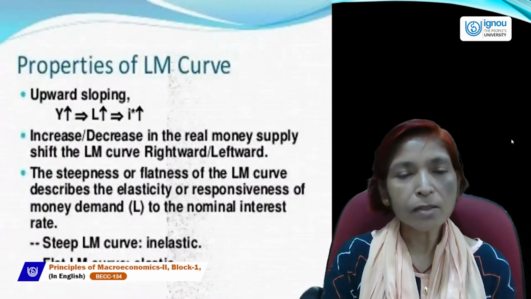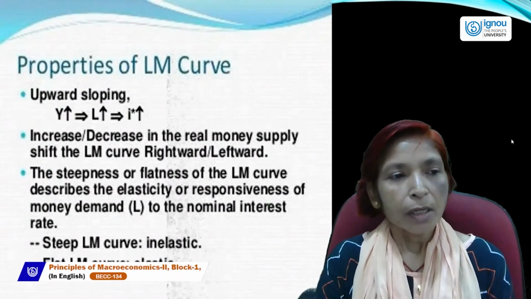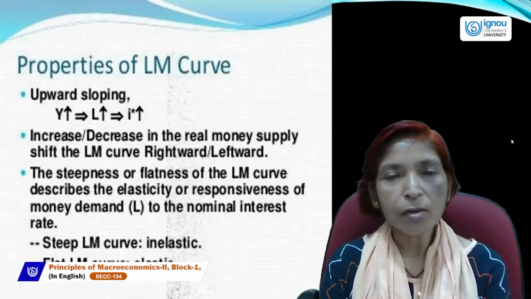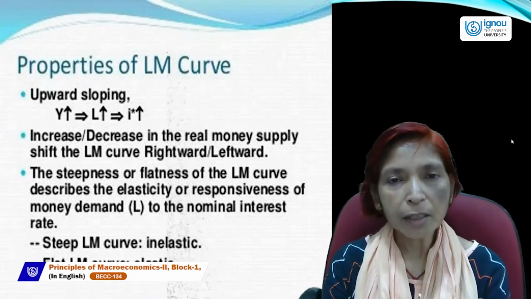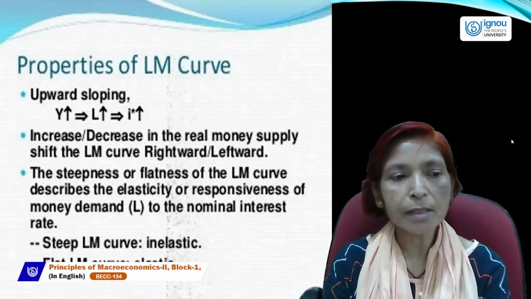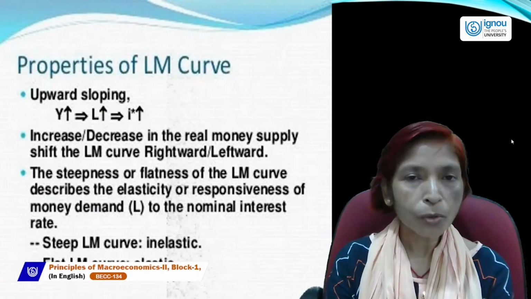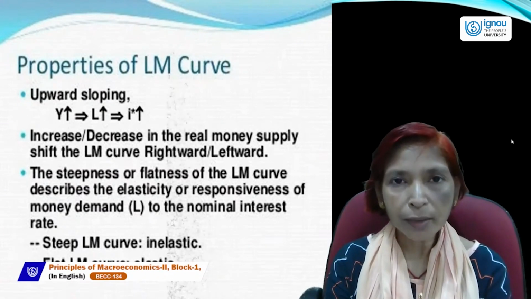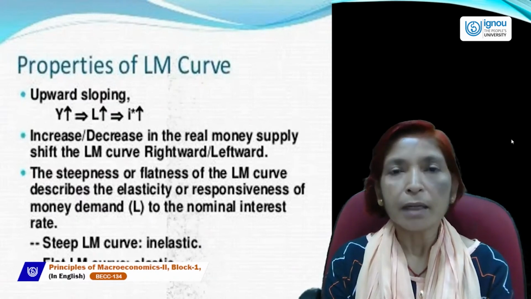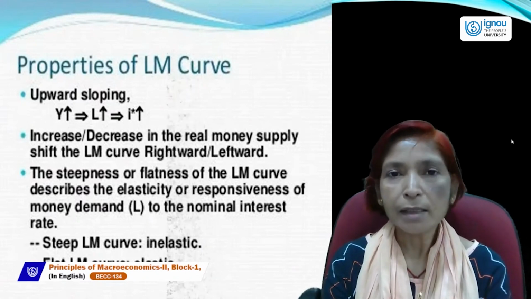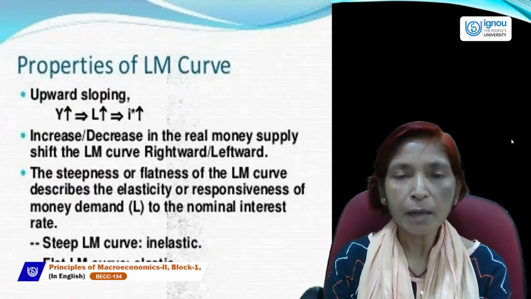Next are the properties of the LM curve. Properties, features or characteristics of the LM curve: number one, the LM curve is always an upward sloping curve, which shows a direct and positive relationship between income and interest rate, and L is liquidity preference or money demand.